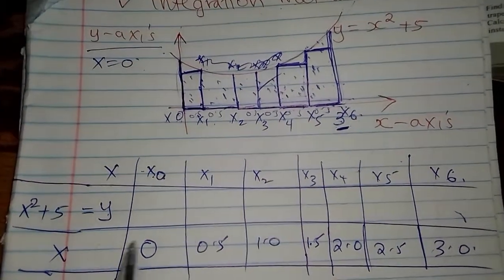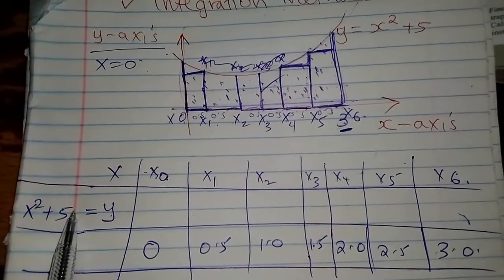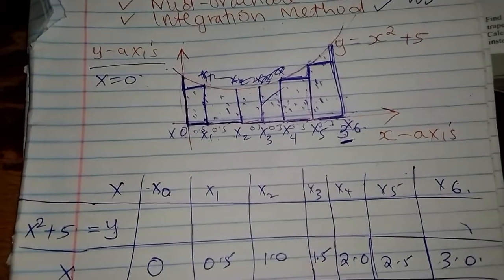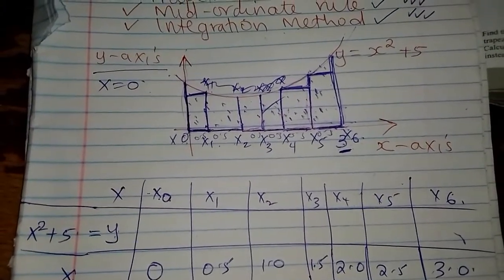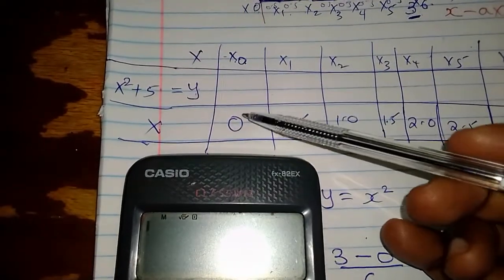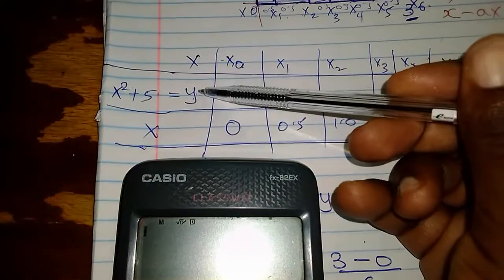Now we shall replace the values of x in this equation of the curve to get the corresponding values of y. The value of x here is 0. If I replace it here, then add 5, what will be the value of y?